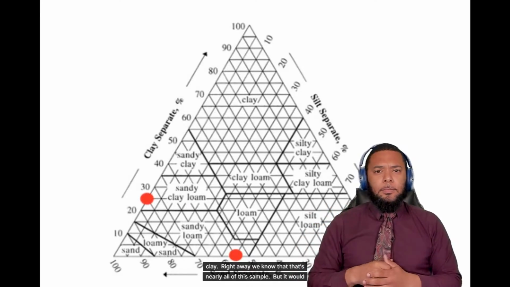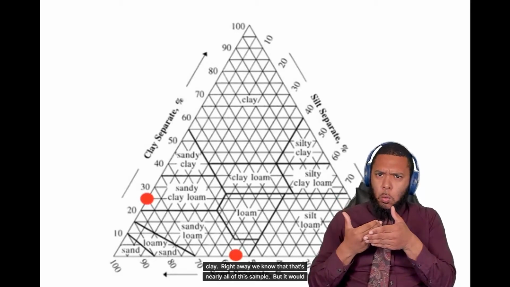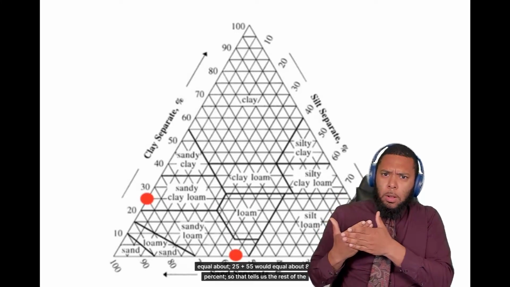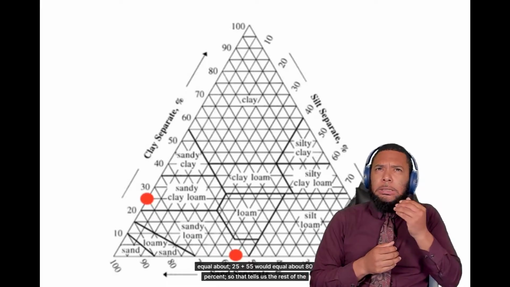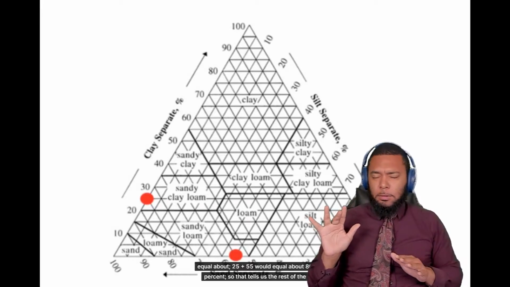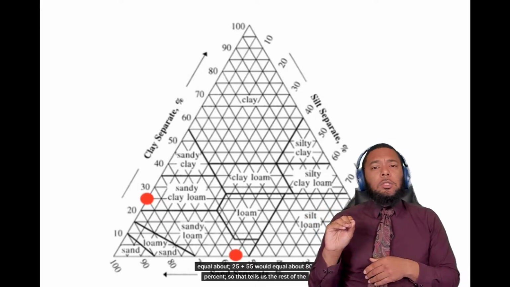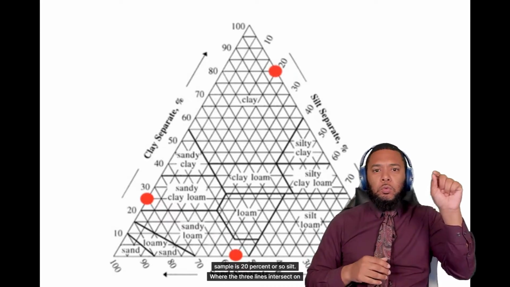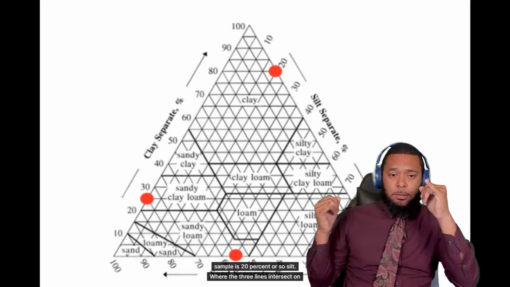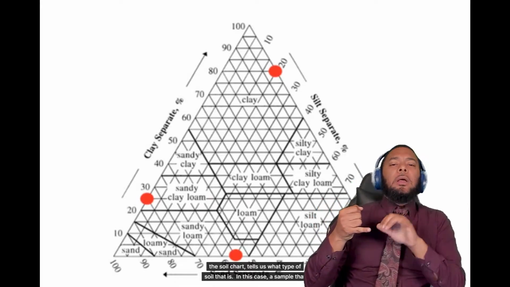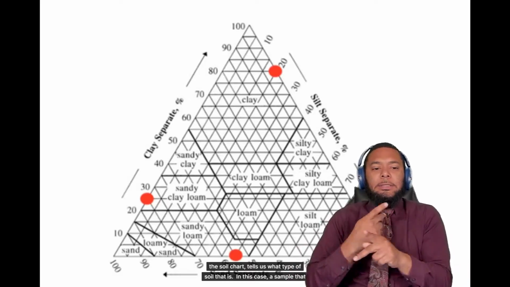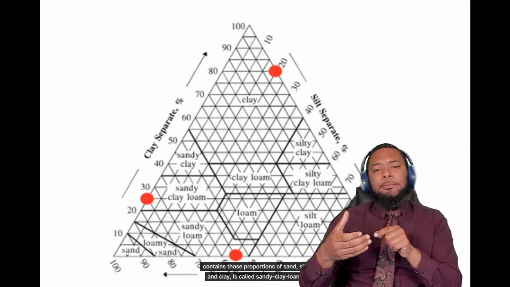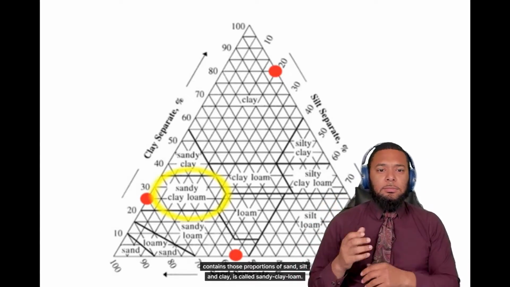Right away, we know that that's nearly all of the sample, but that would equal about 25 plus 55, which would equal about 80%. So that tells us the rest of the sample is going to be 20% or so silt. Where the three lines intersect on our soil chart tells us what type of soil that is. In this case, a sample that contains those proportions of sand, silt, and clay would be called sandy clay loam.